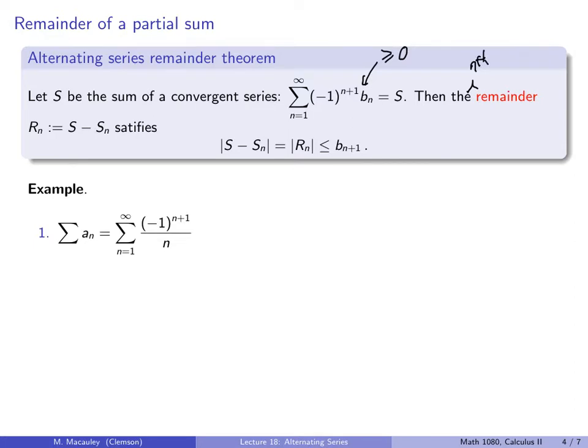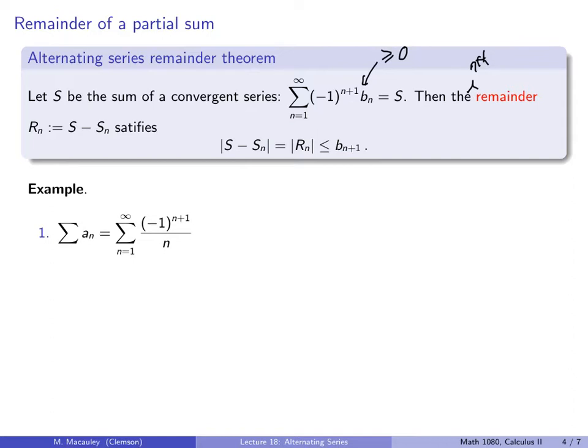The partial sum is the sum of the first n terms, and the remainder is the sum of everything else, the whole tail. This says that the remainder can be no bigger in absolute value than the very next term. So this tells us that alternating series converge pretty darn quickly.